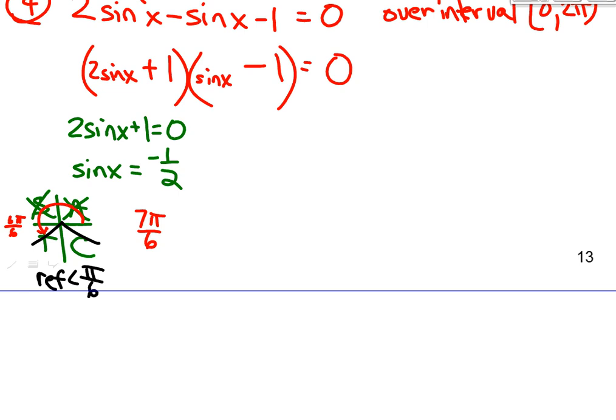Then my second angle is going to be from there all the way to there, and so I'm going to take 2 pi minus pi over 6, which is going to be 12 pi over 6 minus 1, which is 11 pi over 6 for that other one.